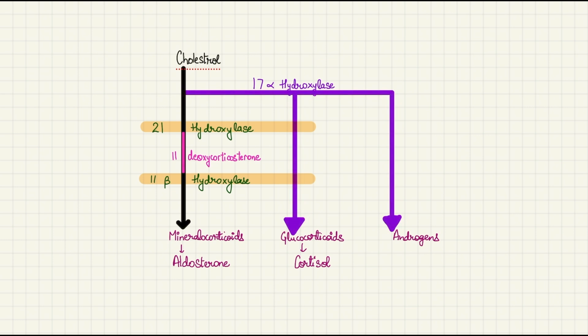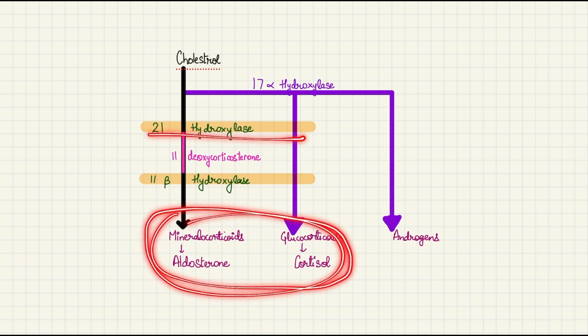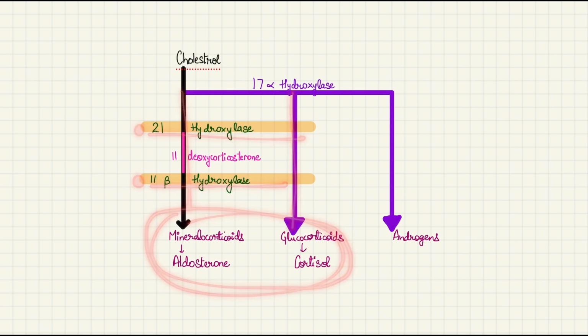And in order for cholesterol to form aldo and cortisol, which are your mineralo and glucocorticoids respectively, you have to use two enzymes, 21 hydroxylase and 11 beta hydroxylase. So for both the mineralocorticoids and glucocorticoids, these two enzymes are very, very crucial.